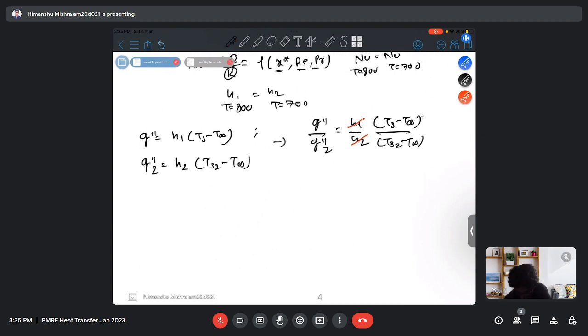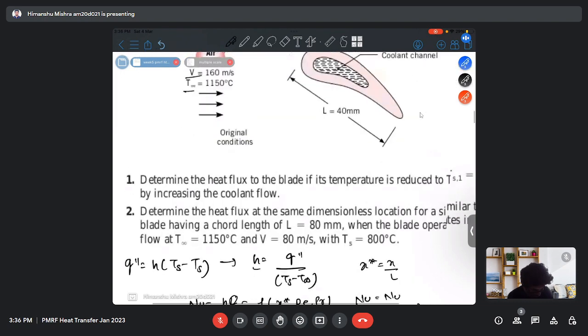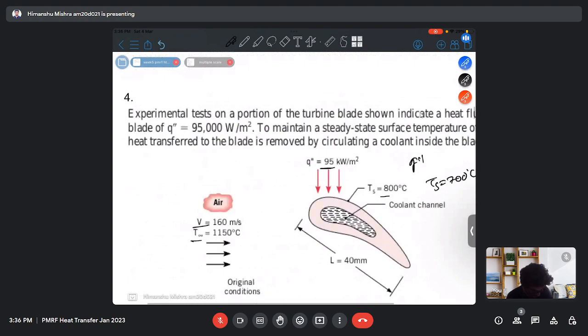And then I can write my Q2, and my heat flux is already given at 800, which is 95,000.